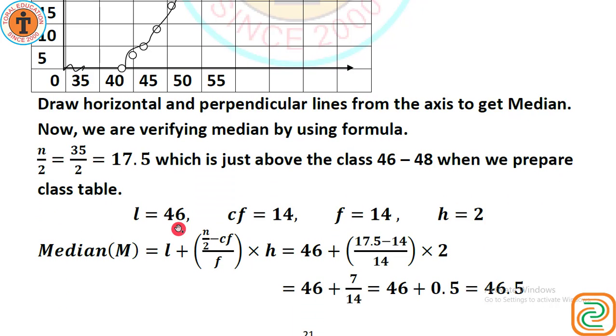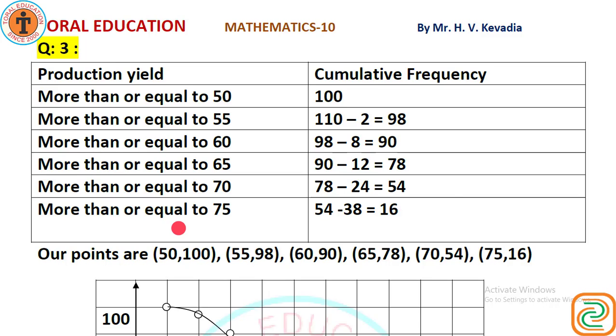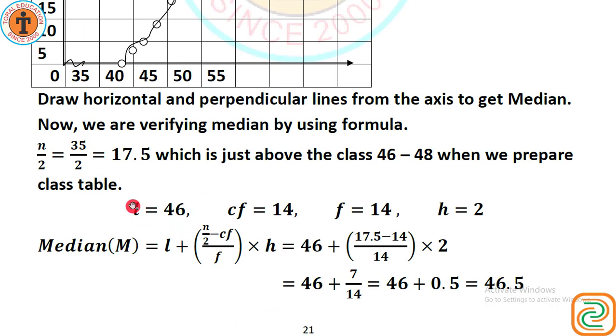Look, this is the formula of median. L equals 46, cumulative frequency F equals 14, and height of the class is 2.